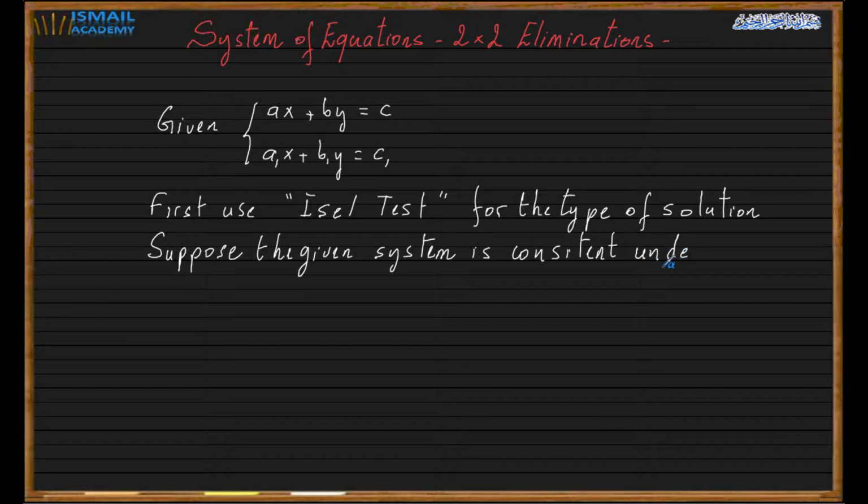We will see the case when we have infinite solutions and the case when we have no solution, which means we're going to see the case when we have a consistent independent system and the case when we have a consistent dependent system. So let's start with independent.